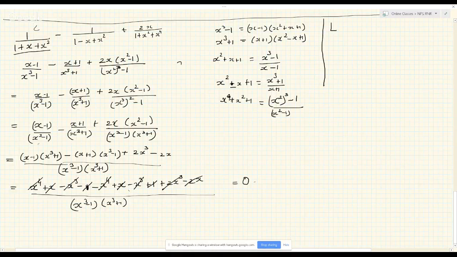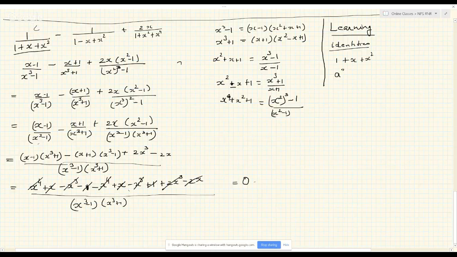Learning is, how did it strike me that I have to write like that? And it is purely by my knowledge of identities. The moment I see something like 1 plus x square, it gives me that sense, so you have to be thorough with these identities.